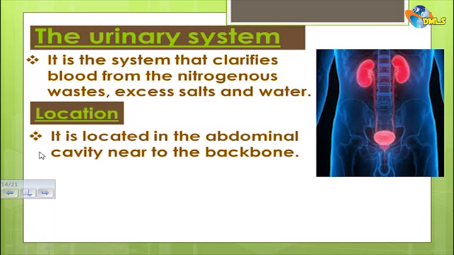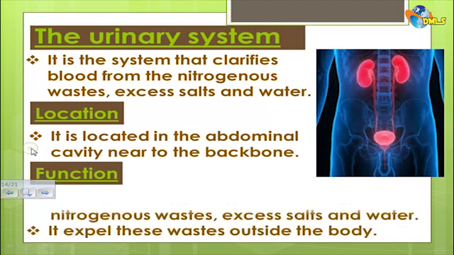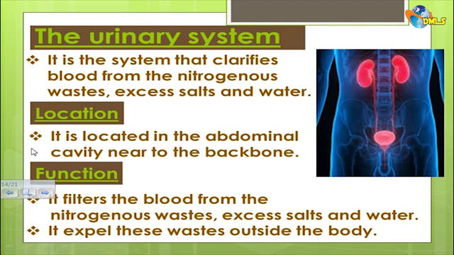It is located in the abdominal cavity near the backbone. And what is its function in your body? From the definition, you will know the function of the urinary system. It filters the blood or clarifies the blood from the nitrogenous wastes, excess salts and excess water. It expels these wastes outside of the body.